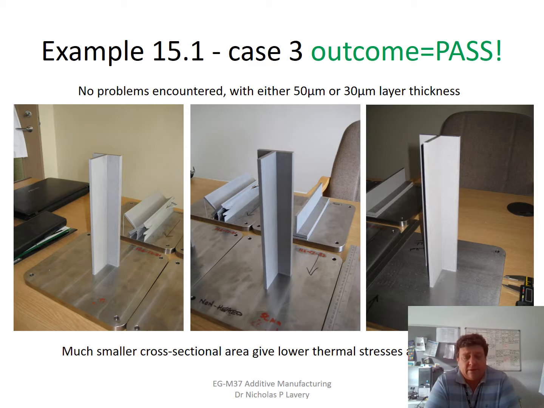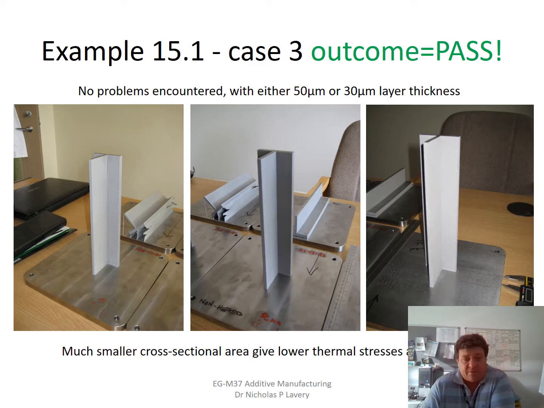So in this case, it built vertically upright without a problem. Now you can see that in comparison to the first case where we had the wall of the plate plastered onto the base plate, and you can see the failed one in the back there, the area which is hot is significantly smaller because it's just the cross section of the T-bar.